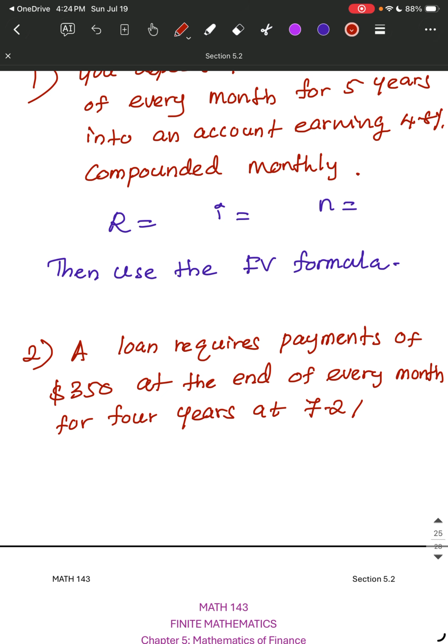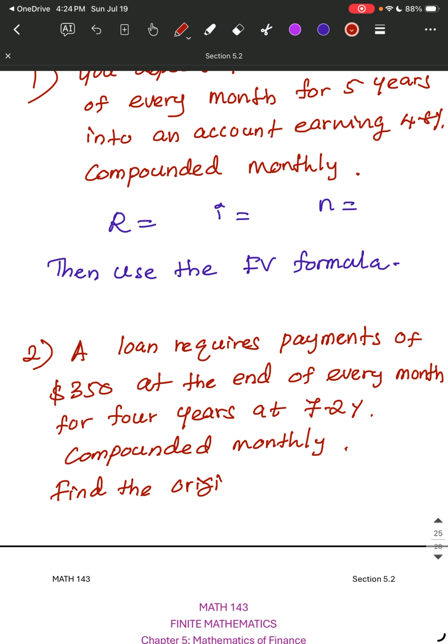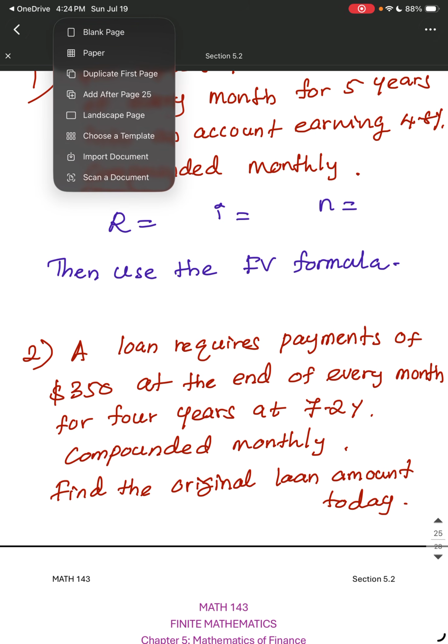Okay, find the original loan amount today. Right? So, is this a future value or present value? This should be the present value because we want the amount borrowed today. Next one.